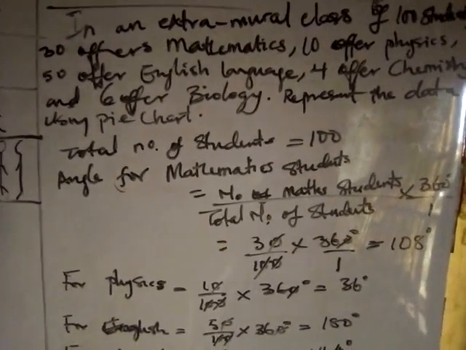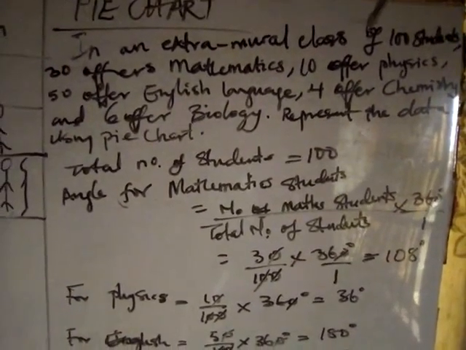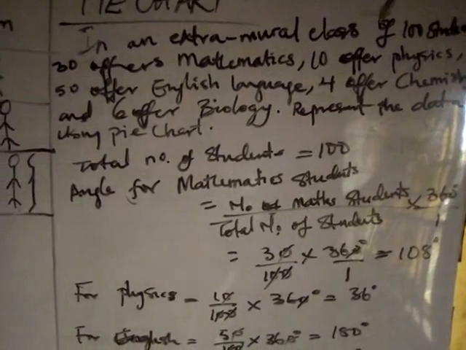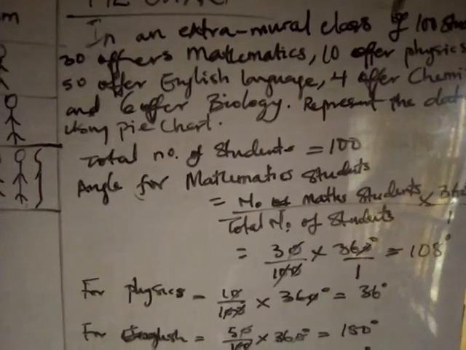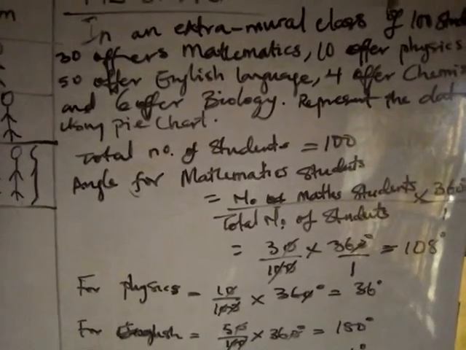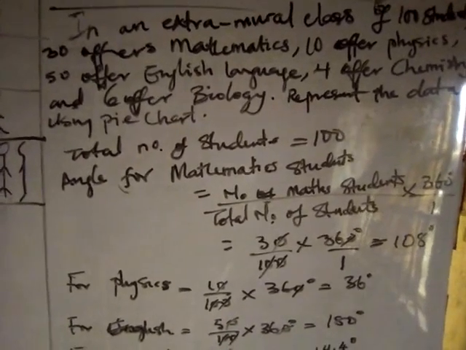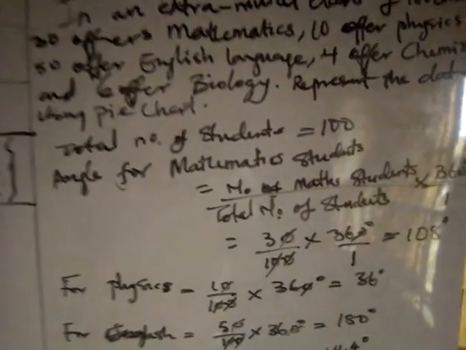The total number of students is equal to 100 because 30 plus 10 plus 50 plus 4 plus 6 gives us 100. The angle for mathematics students will be the number of mathematics students over the total number of students, multiplied by 360 over 1.